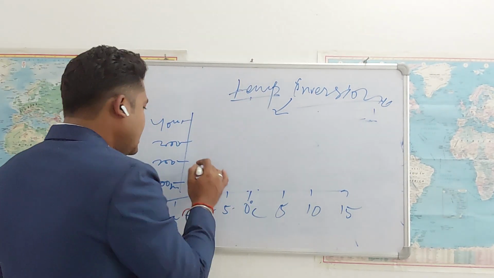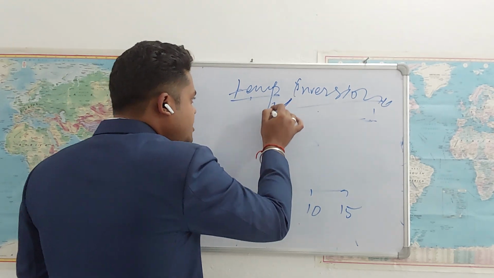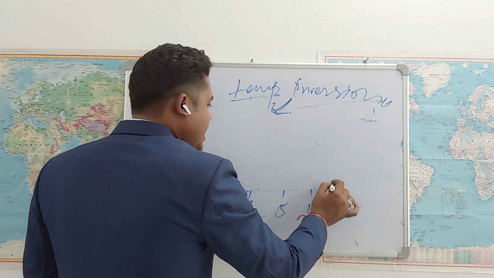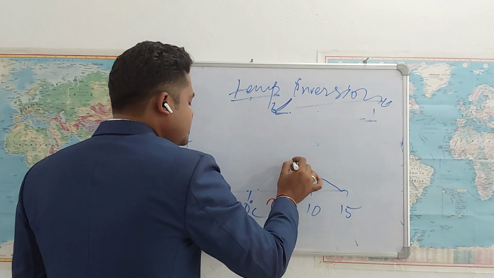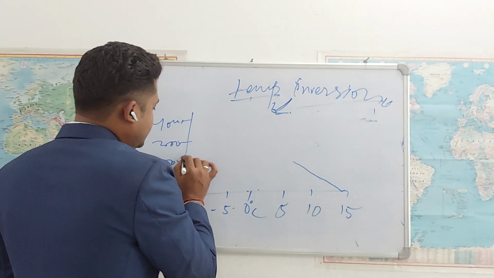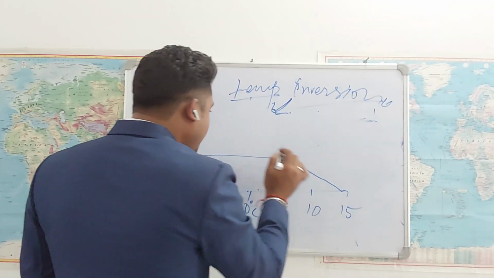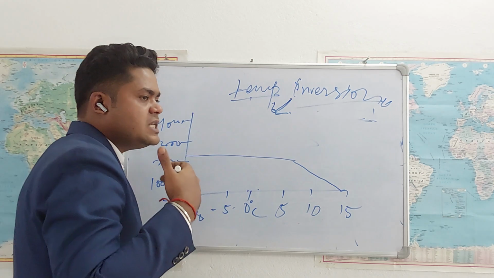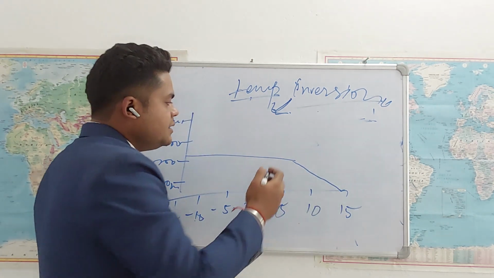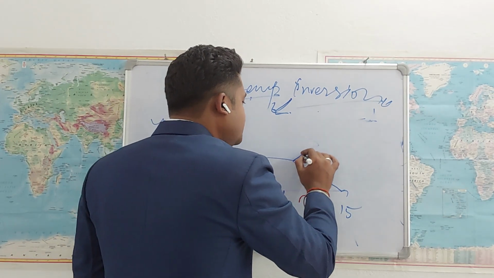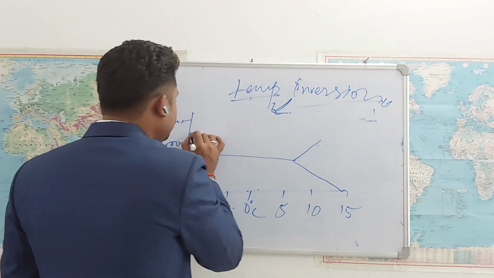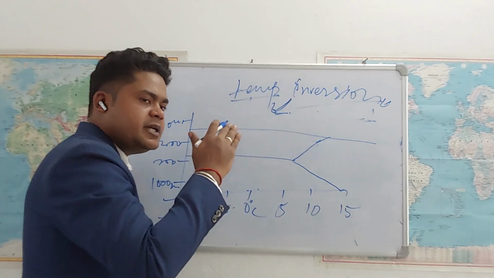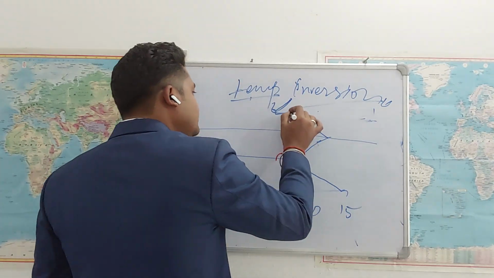So if I follow temperature inversion, what will happen? Suppose I am increasing my height, so my temperature starts to fall down till here. After that point, there will be a reversal in temperature. Reversal in temperature fall means again the temperature will start to rise. It will look something like this. But when it crosses a certain limit, it will again start to fall.